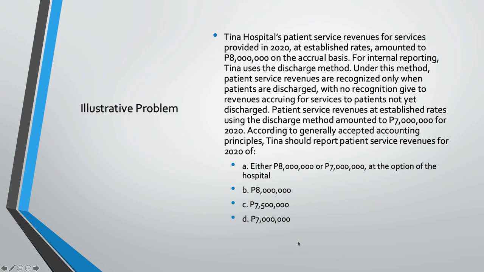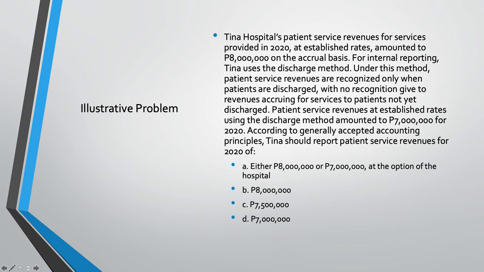So, let's have this illustrative problem and let's see if you guys can answer that. Tina Hospital's patient service revenues for services provided in 2020 at established rates amounted to 8 million on accrual basis. For internal reporting, Tina uses the discharge method.